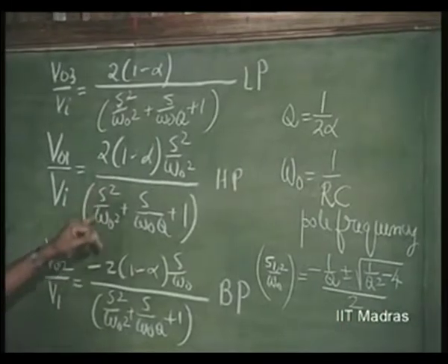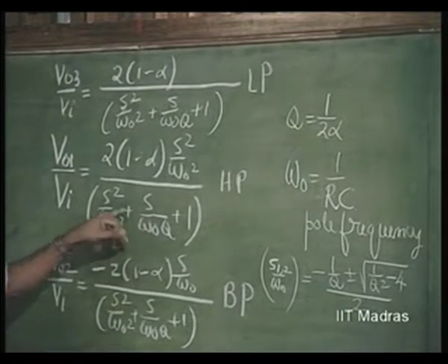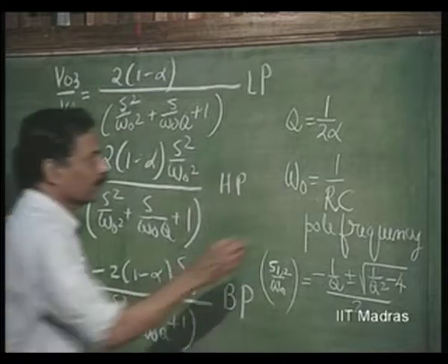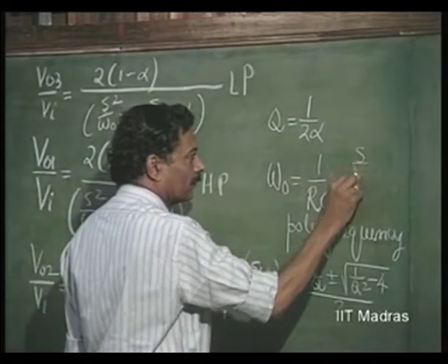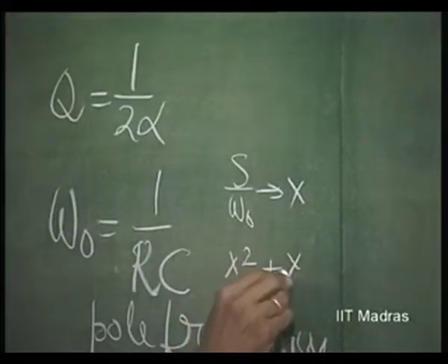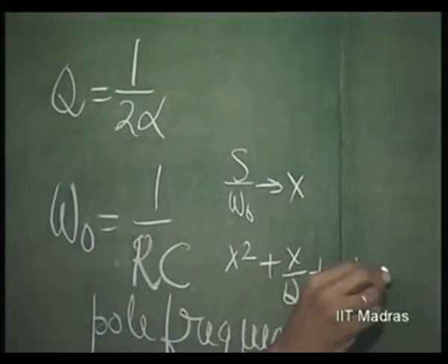This S by omega naught is put as x. So, x squared plus x by q plus 1 is your quadratic equation. So, you get x squared plus x by q plus 1 equal to 0.